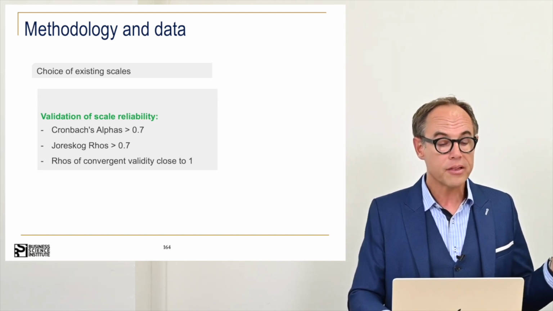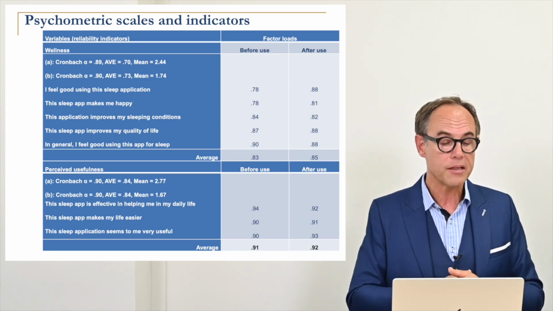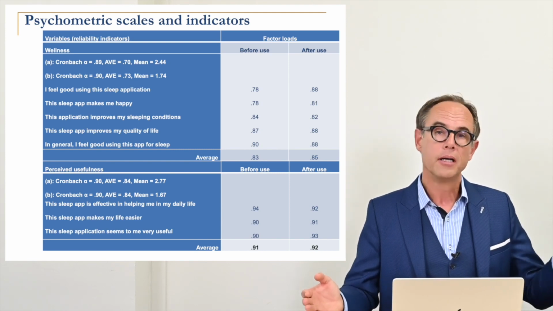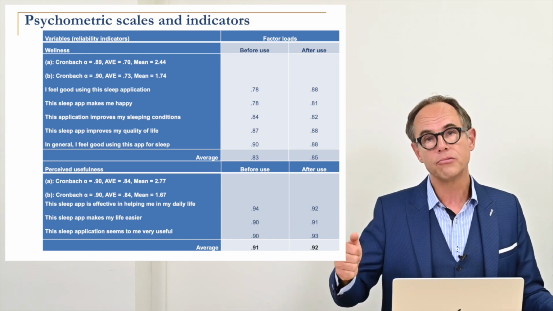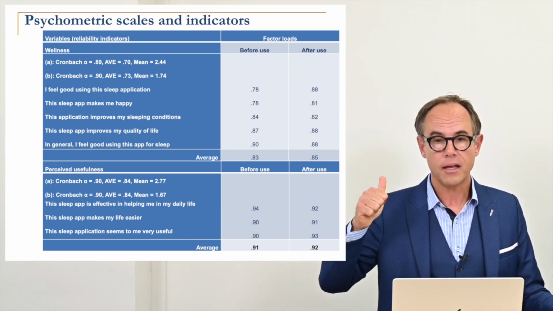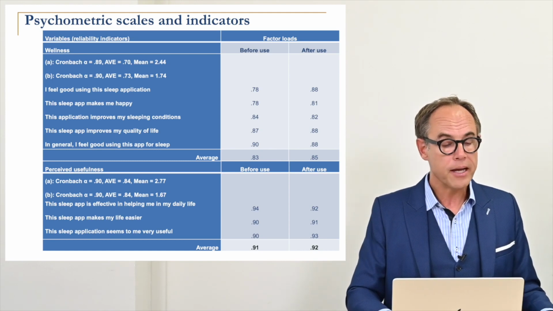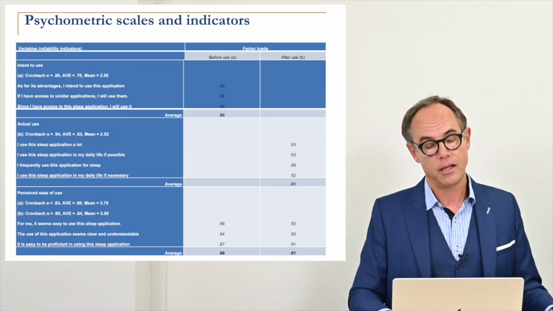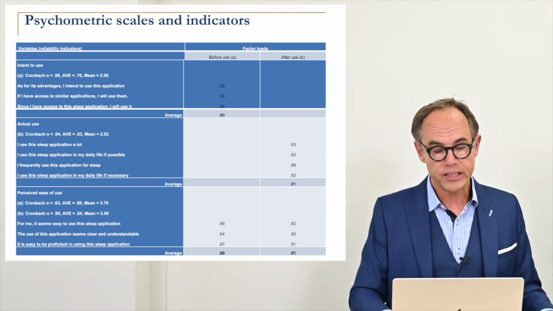And you can see here the scales are coming from actually the UTAUT TAM literature, perceived usefulness, well-being coming from existing scales, always measured on Likert scales between 1, not agree at all, to 7, absolutely agree with this statement. Here we have intention to use, actual use, and perceived ease of use coming again from the TAM and UTAUT scales.